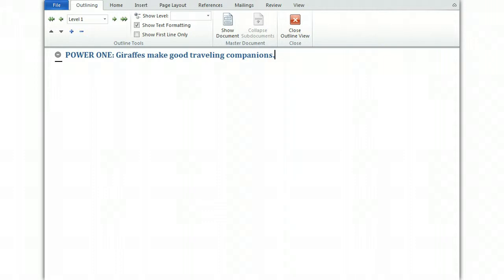And let's start with the nonsense sentences or topic sentence or a thesis statement so that we don't have to spend a whole lot of time thinking about the information and spending more time looking at the structure of the paragraph or the essay that we're writing. So under my Power 1 sentence, I'm going to need maybe 3 or 4 Power 2 sentences, and then within each Power 2 sentence, more detail about each one.